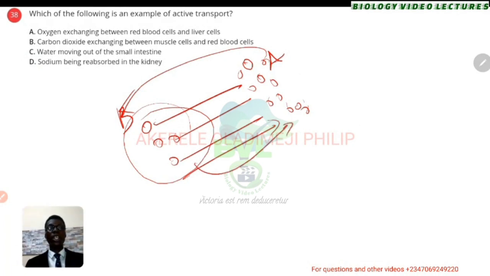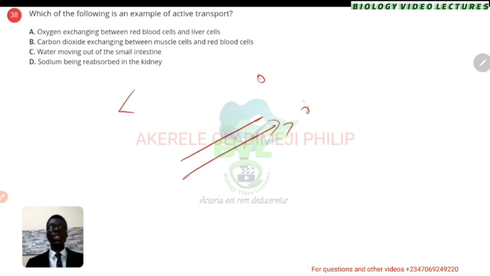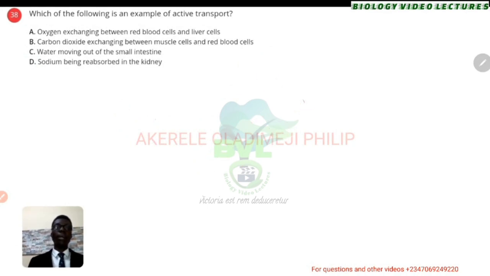So the question here is, from this option, we need to look at the place whereby substances are being absorbed regardless of whether they are more in that place where they are being absorbed to. So from what I've seen, oxygen exchange between red blood cells and liver cells, no. Oxygen, carbon dioxide exchange between muscle cells, no. Water moving out of this, no. The answer is D, sodium reabsorption in the kidney.